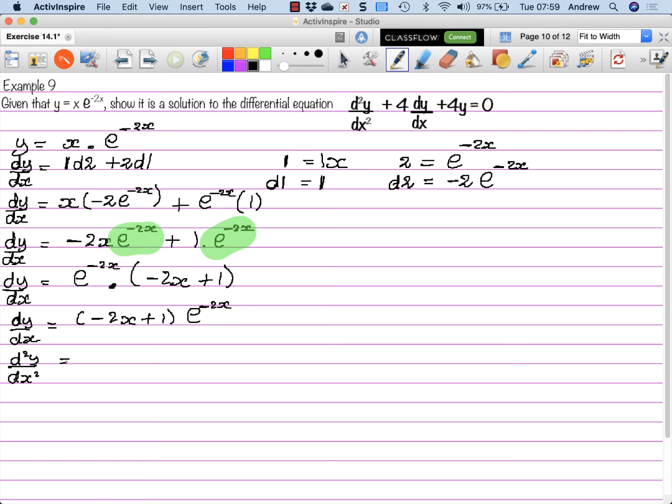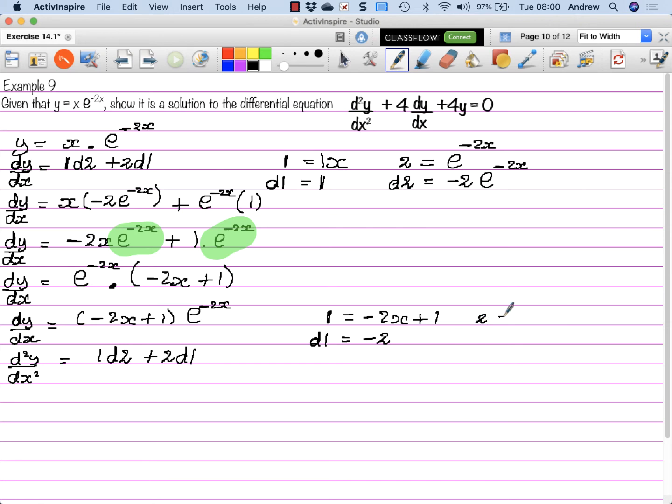I'm going to have the first times the differential of the second plus the second times the differential of the first. The first function this time is equal to minus 2x plus 1, and the differential of this first function is going to be equal to minus 2.